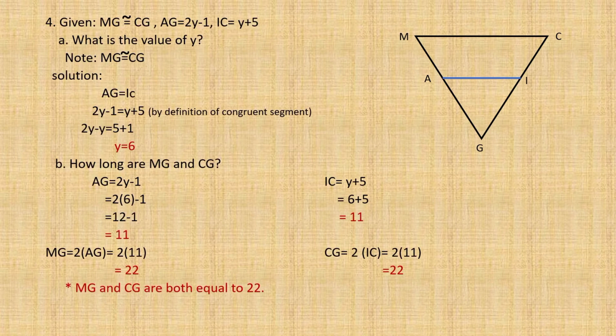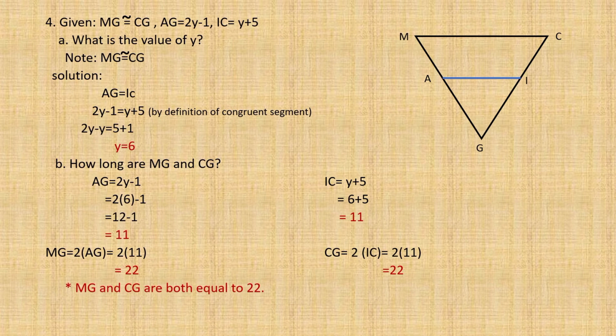Letter B. How long are MG and CG? Now, to solve for the length of MG, let us first find the length of AG because AG is 1/2 of MG. So, since AG is equal to 2y minus 1, substitute the value of y, which is equal to 6, in our previous solution.